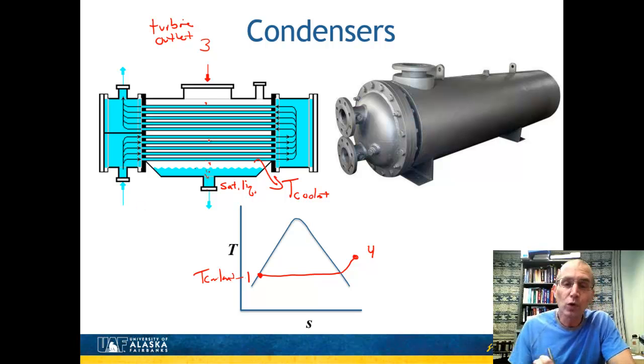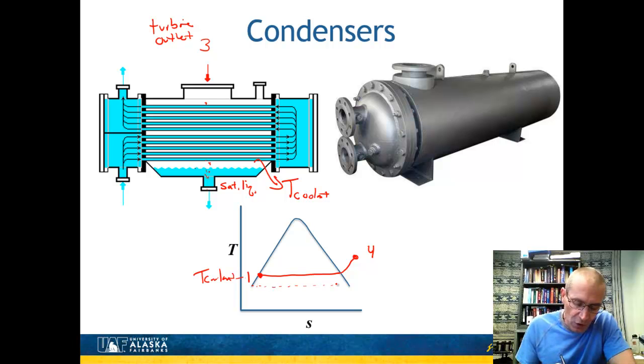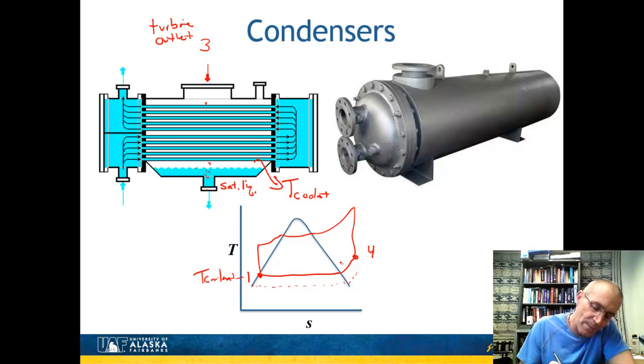Now, if I was to run colder water through it, I would end up dropping that down to some lower pressure, and I would actually be at a lower pressure and a lower temperature. So the temperature of the cooling water actually controls what the low pressure of my cycle is. And if you remember on the TS diagram, the net amount of work is the area in this curve. Then we'll sketch up the rest of this diagram, right? So that's the net work.